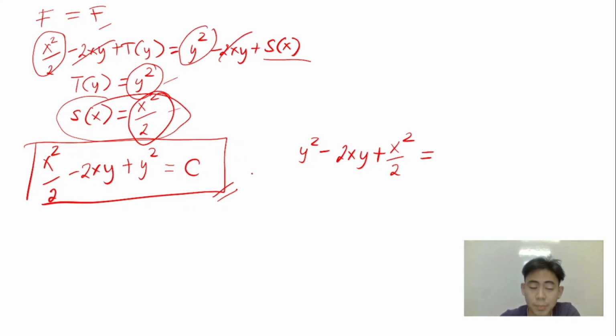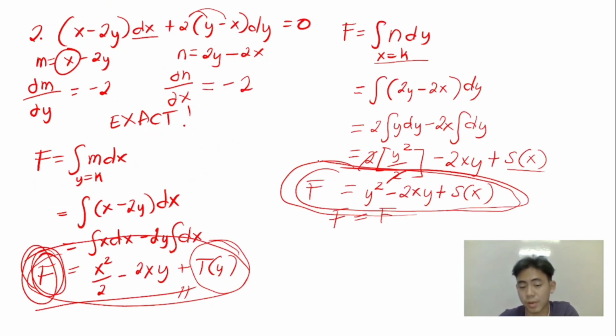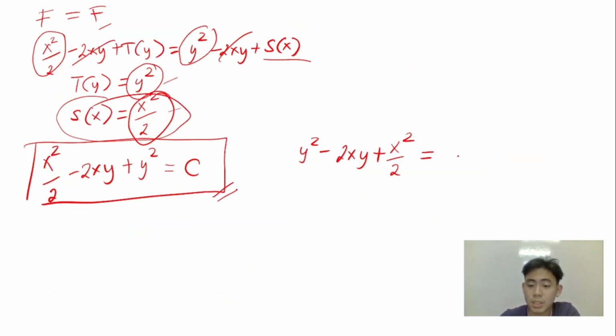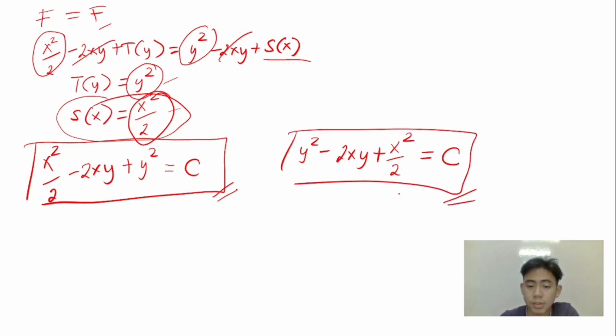Since nag-substitute na tayo ng s of x, yung f natin dito, papalitan na natin siya ng constant, which is c. Okay? So, this will be also a final answer. Equal naman yung dalawang yan. Okay? So, walang problema. It's either t of y ang gagamitin natin or s of x.